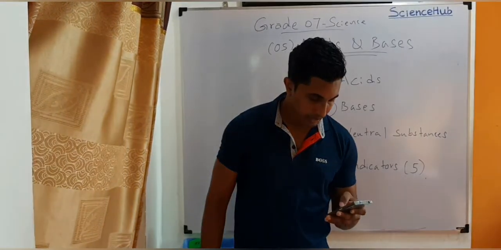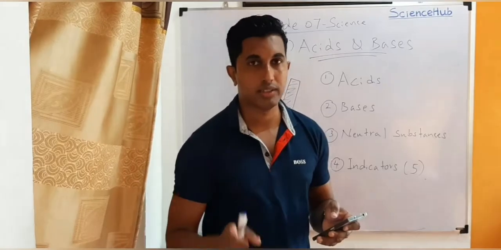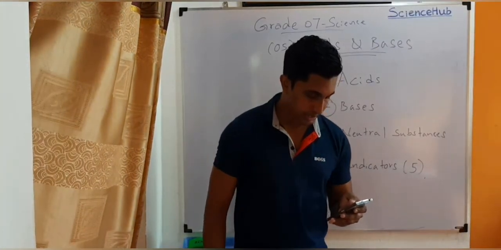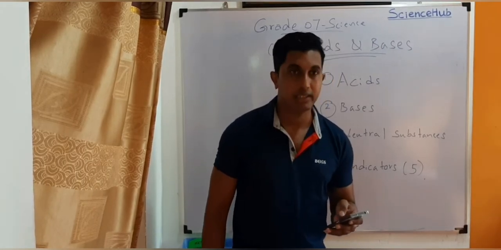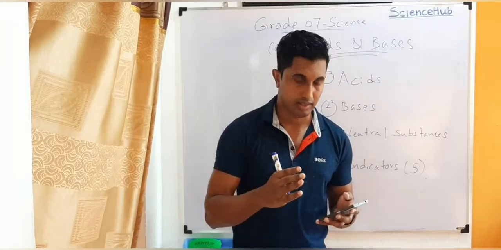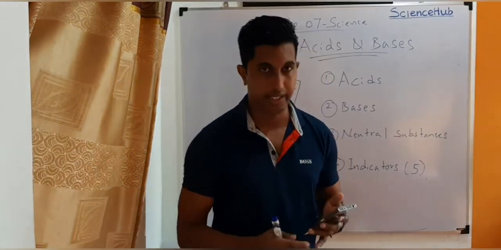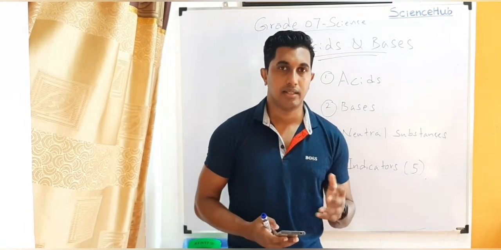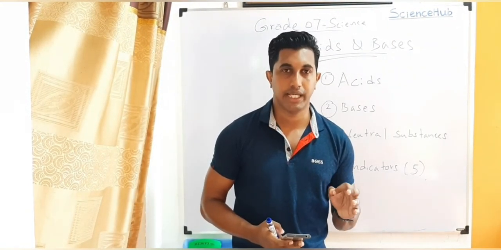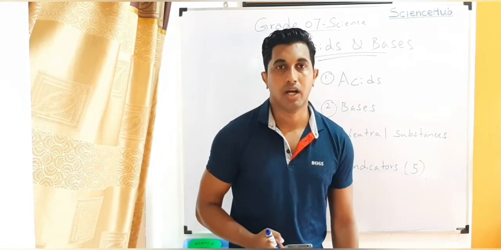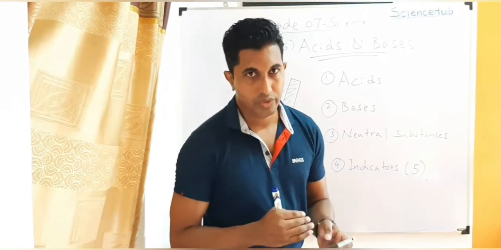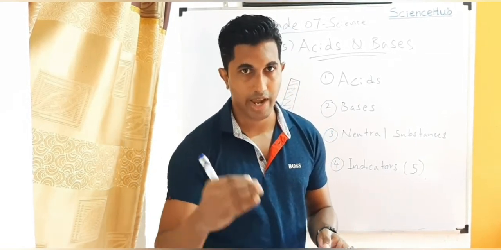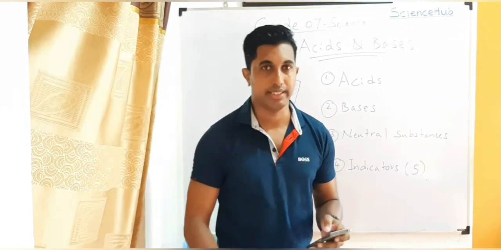And there is a very important table in your book, page number 68, table 5.3. There are 5 types of indicators here: blue litmus, red litmus, pH papers, phenolphthalein and methyl orange. According to this table, you have to memorize these things.